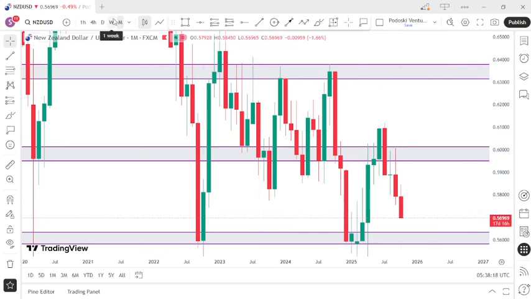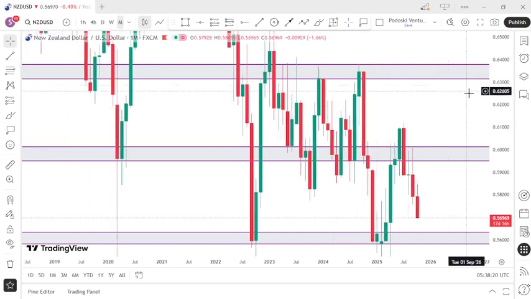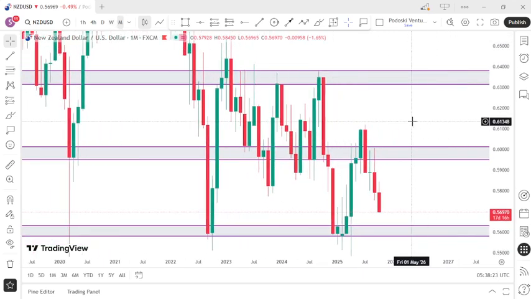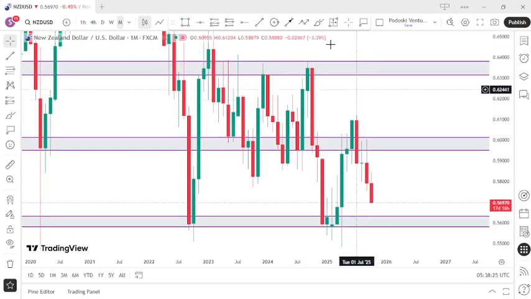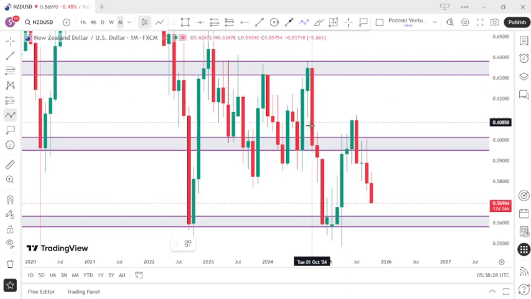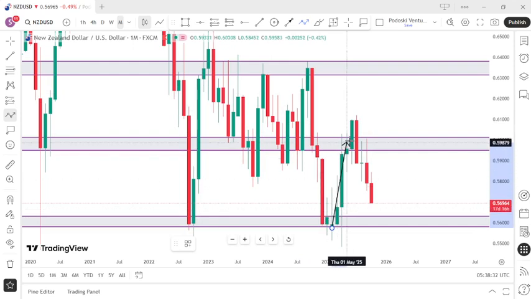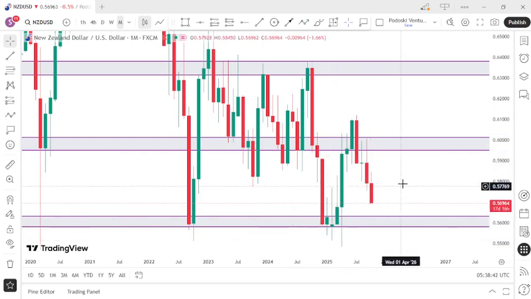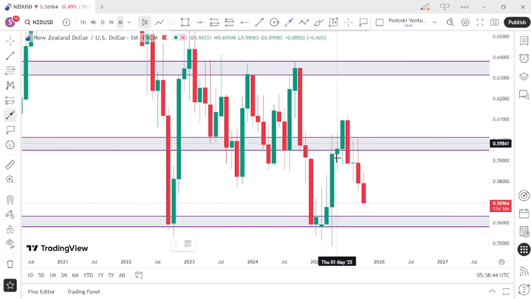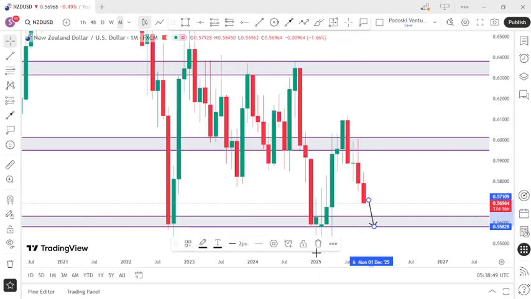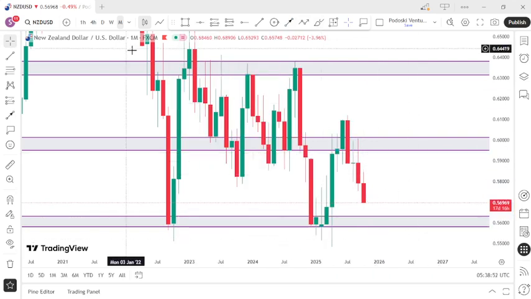On NZDUSD, you can see price is moving to the downside. Price was previously in an uptrend, previously moving to the upside. Then after it hit this resistance, it started dropping to the downside. So now you know that price is going to the downside on NZDUSD.